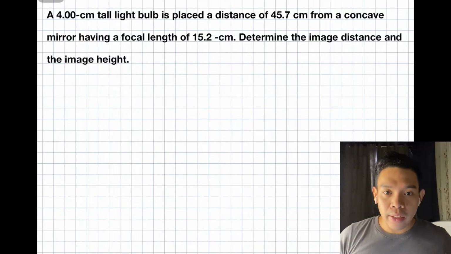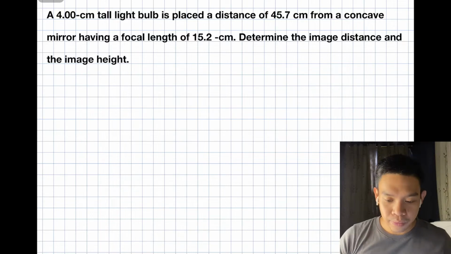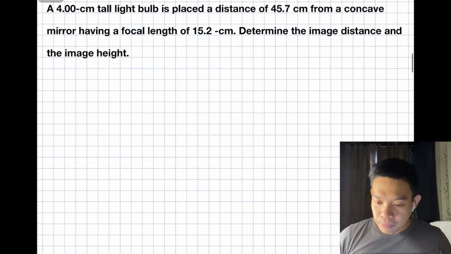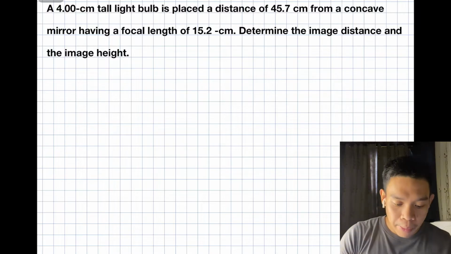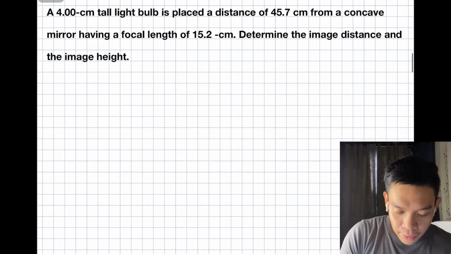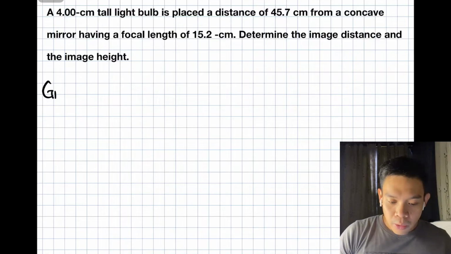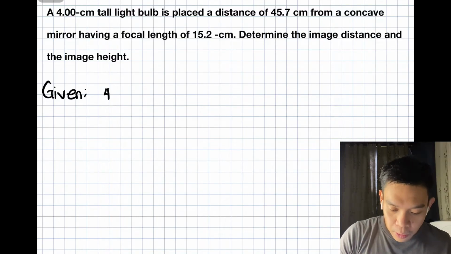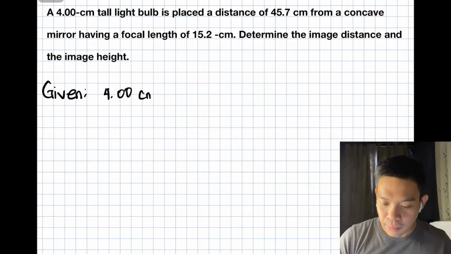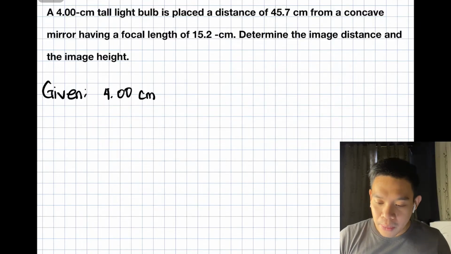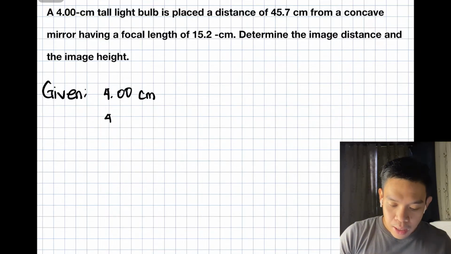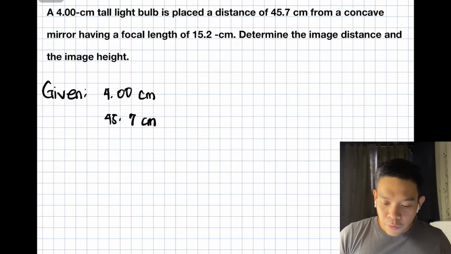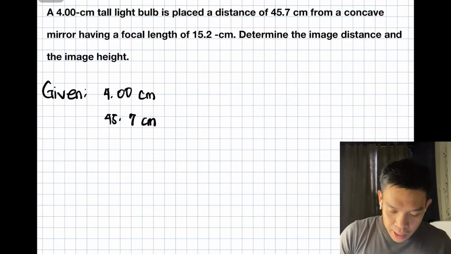Let's start with our given. For our problem, let's write our given. We have a 4.00 cm tall light bulb and 45.7 cm, and the focal length of 15.2 cm.